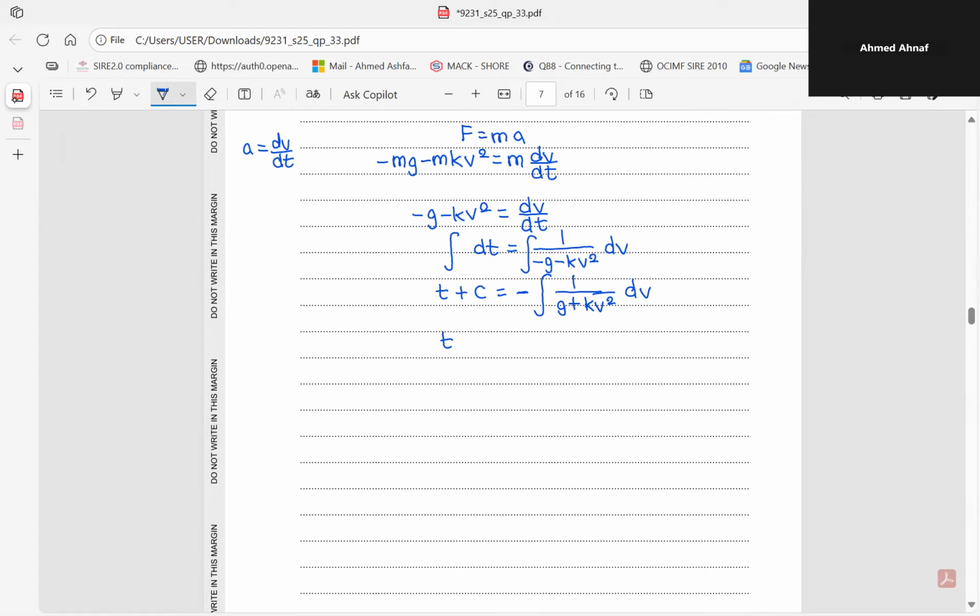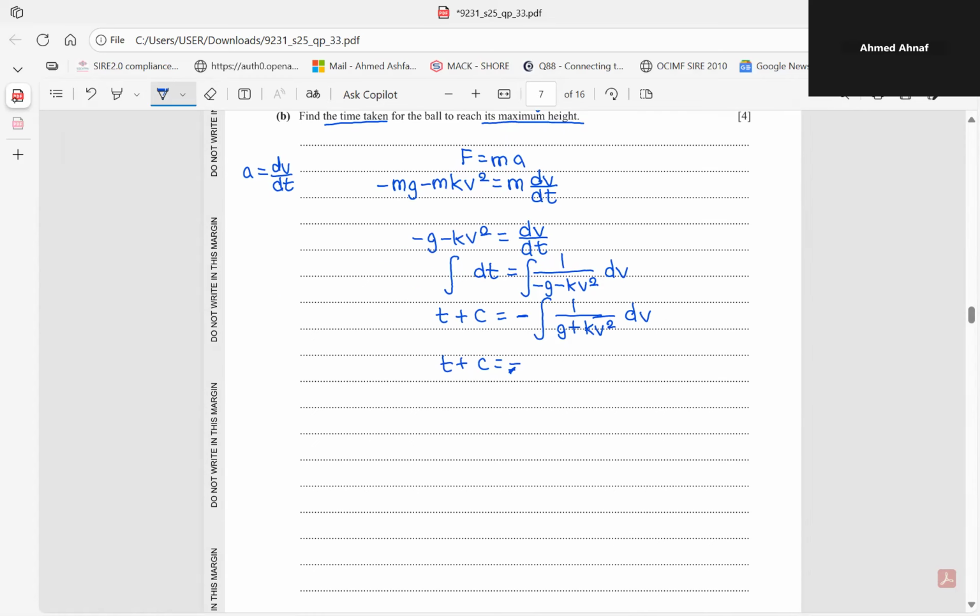Let's also substitute 0.025. So you get 1 over 0.025 v squared plus g dv.